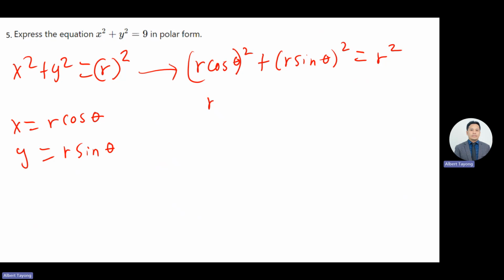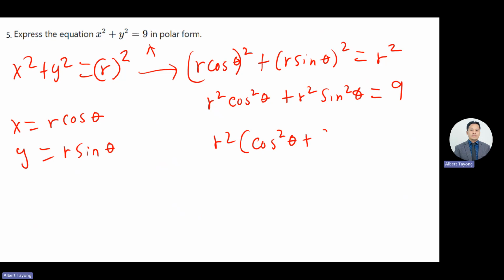So this is r squared cosine squared theta plus r squared sine squared theta equals 9. That is our r squared here. So we have r squared outside, cosine squared theta plus sine squared theta equals 9.